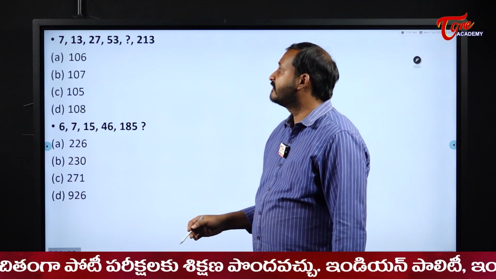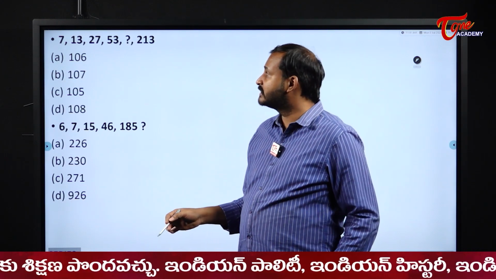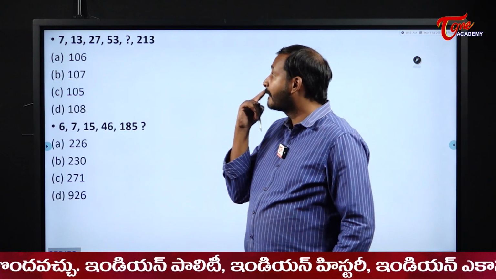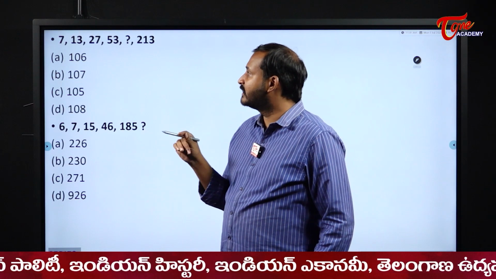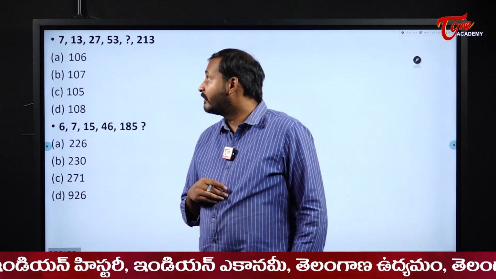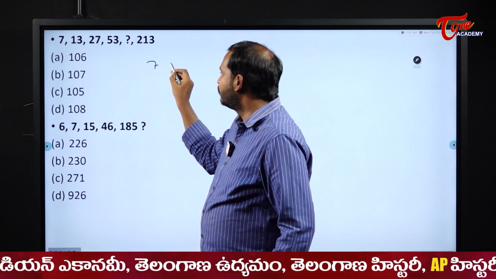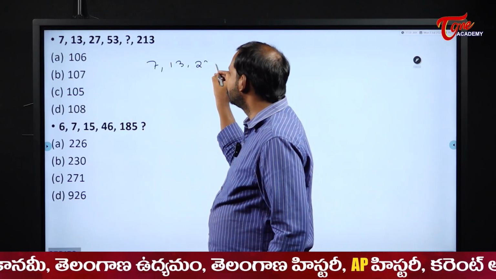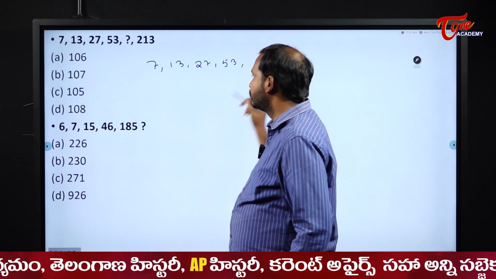Next one, 7, 13, 27, 53 and 213. What are these numbers, students? Please observe carefully. 7, 13. By seeing 27 don't get confused, but please try to check the difference. 7, 13, 27, 53 and something is missing here, and next is 213.